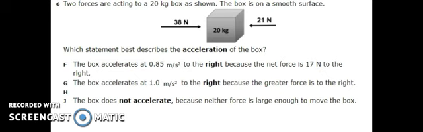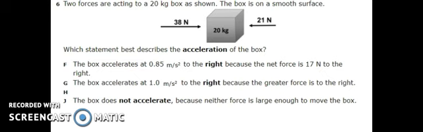Number 6, 2 forces are acting on a 20-kilogram box as shown. The box is on a smooth surface. Which statement best describes the acceleration of the box?